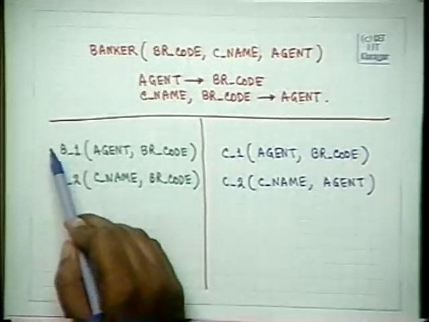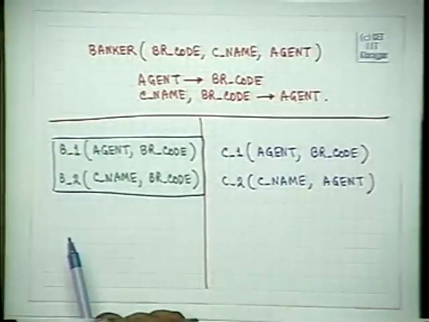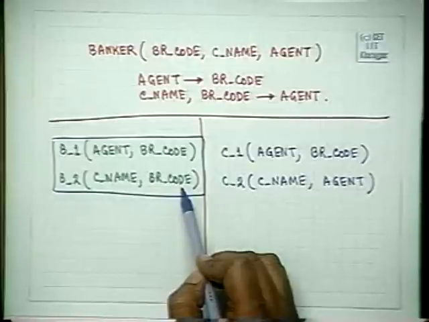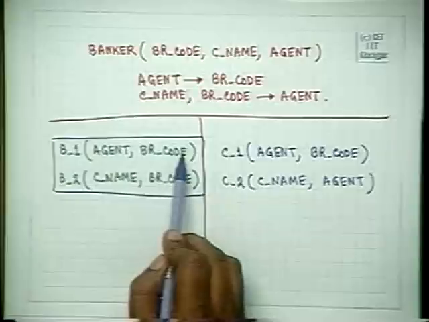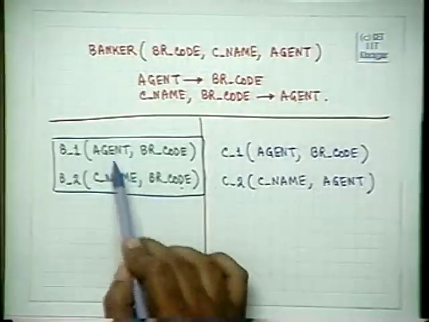Look at this one. When you do a natural join, it will be done on branch code. And branch code is not a primary key here. It must be a primary key in at least one of them.